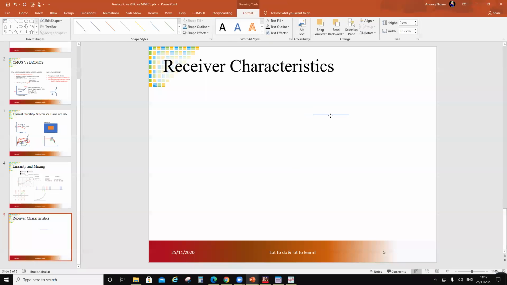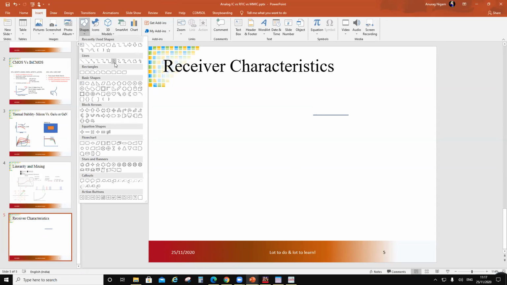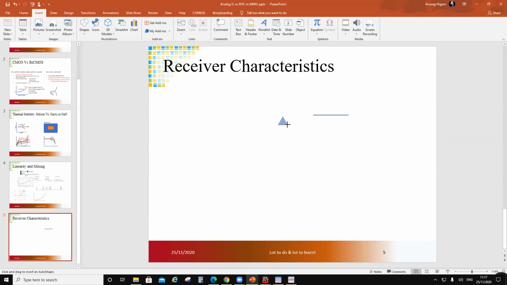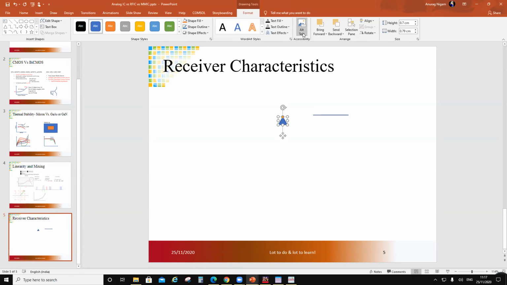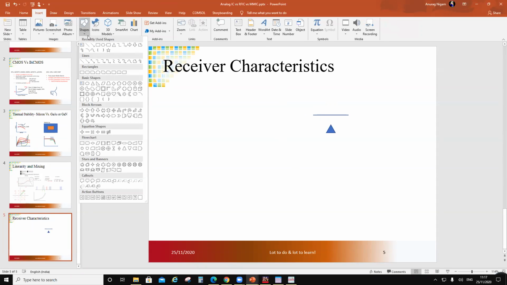So we are going to start with a detector. A detector is nothing but some form of a rectification. You can represent this just like a diode, right? So you can say that this is some form of a diode.